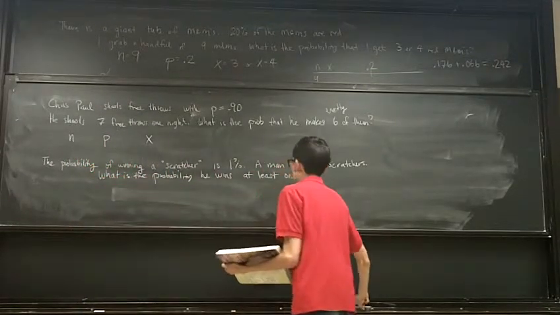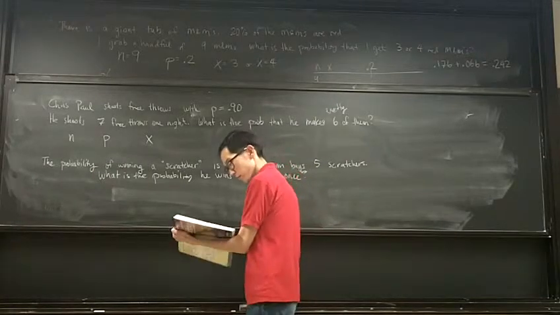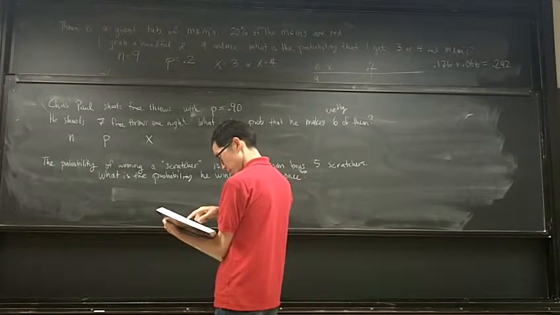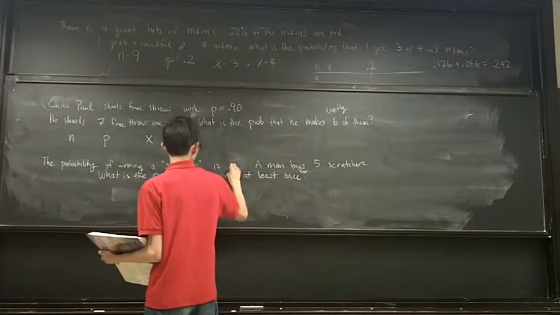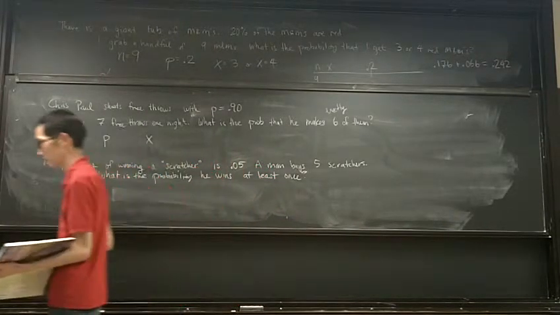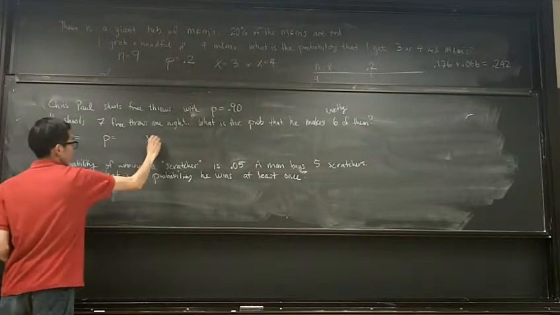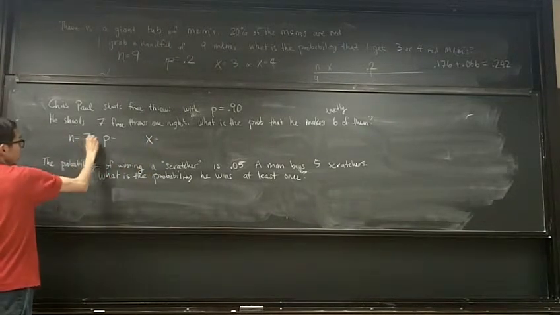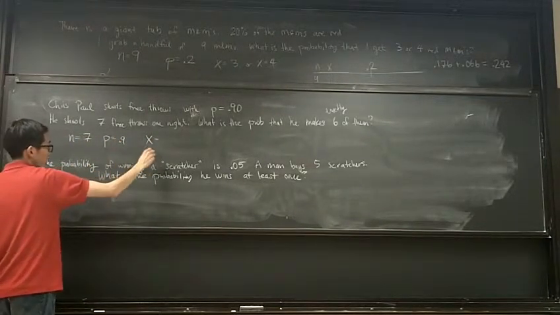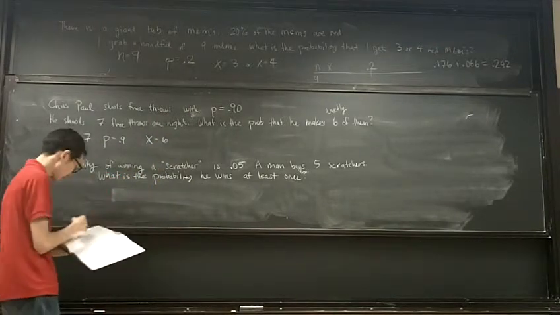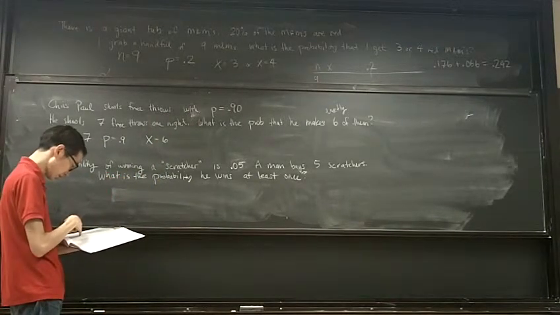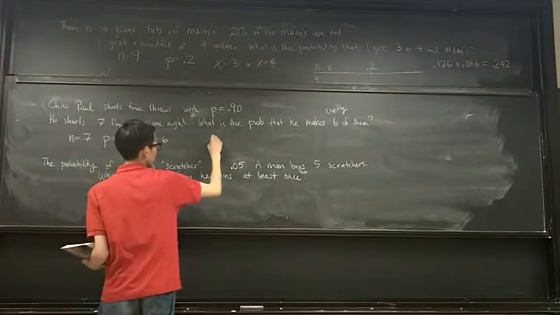Okay. Did we get the first answer? Okay, well, let me see. n is 7, p is 0.9, x is 6, and the answer is 0.372.